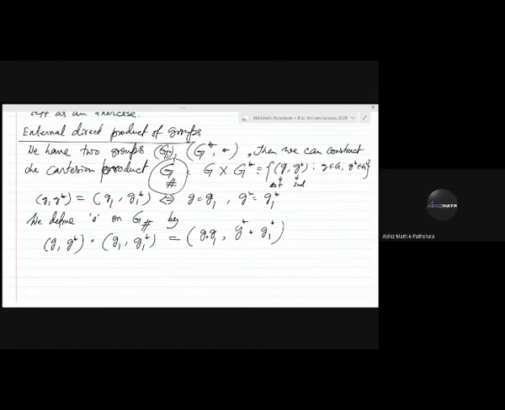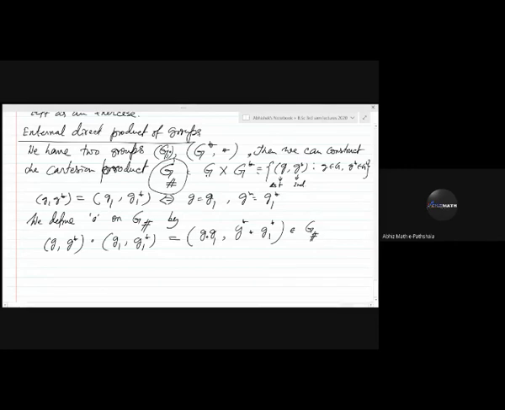Fine. So you can check that this is again an element of G sharp, right? Because g dot g1 is an element of G, g star star g1 star is an element of G star. So that is why this is a binary operation.